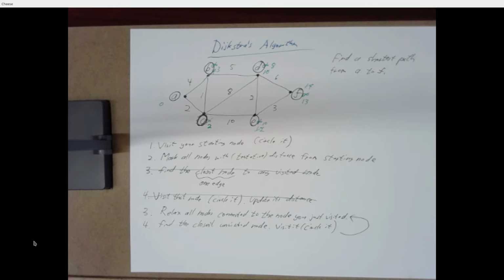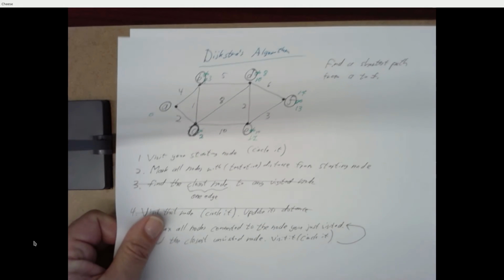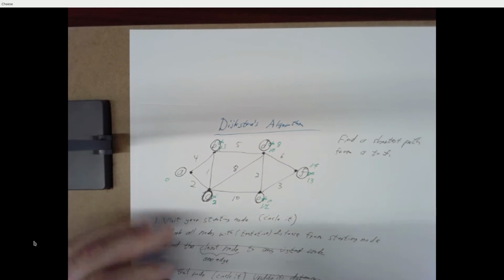So what if the distance between A and B was 3, and the distance between C and B was 2? Let's try it.